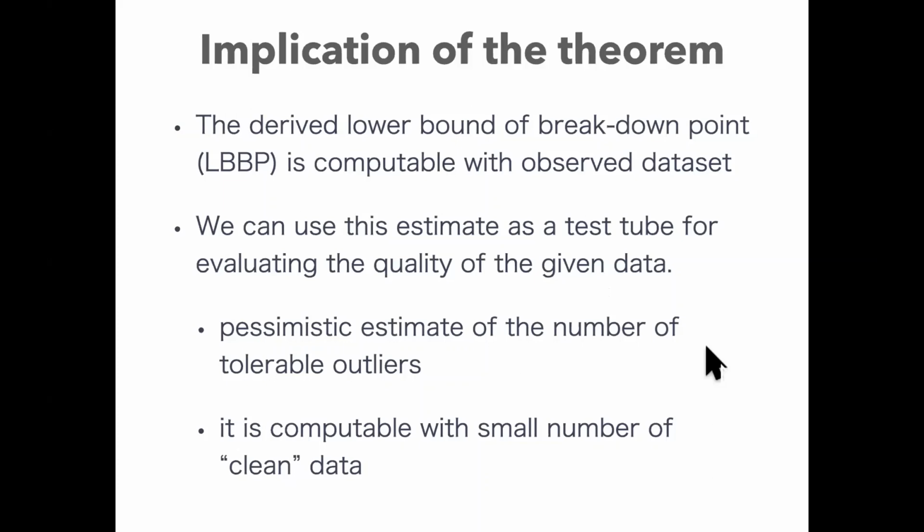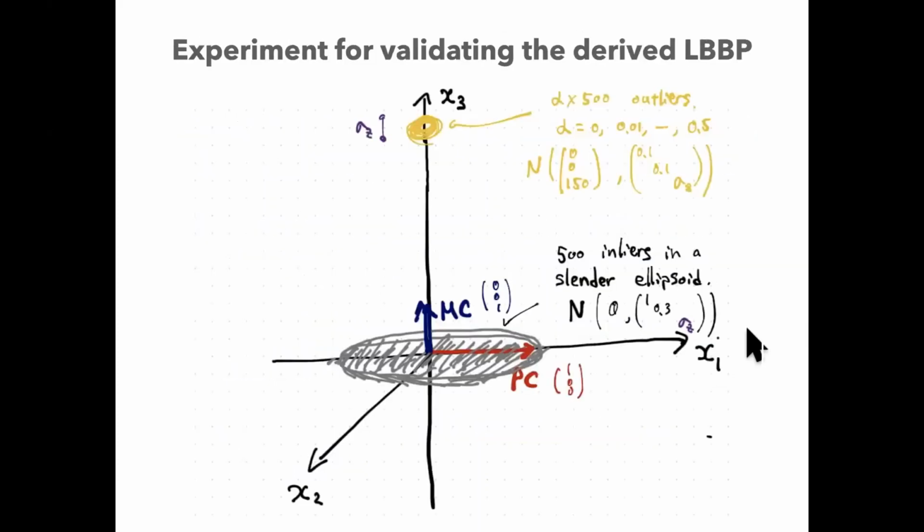Okay, let me show a simple experimental result to see that the lower bound of the breakdown point captures the tolerance of the estimate. I'm sorry for my poor drawing, but I feel it is easy to explain this experimental setting with this handwritten picture.